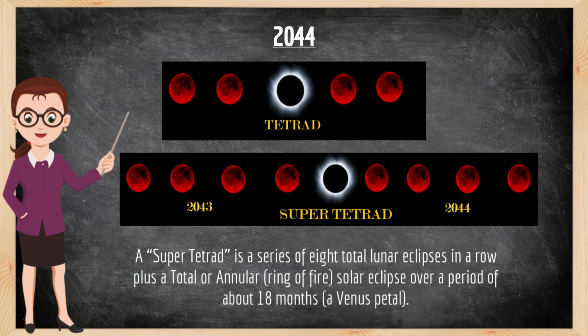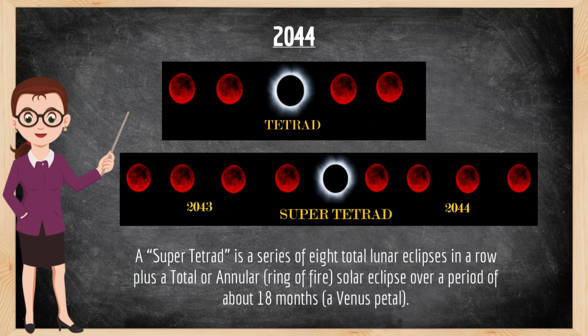So that's really dependent on the 2 angles of the sun-moon relationship there, whether we get a total or an annular. So in a super tetrad, we're going to get one or the other, along with the series of lunar eclipses over a period of about 18 months.